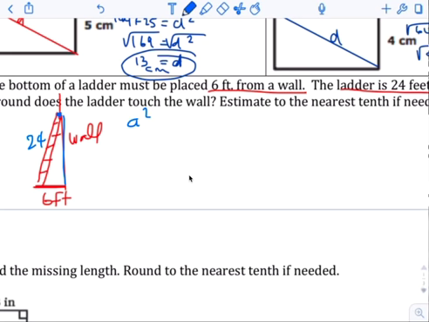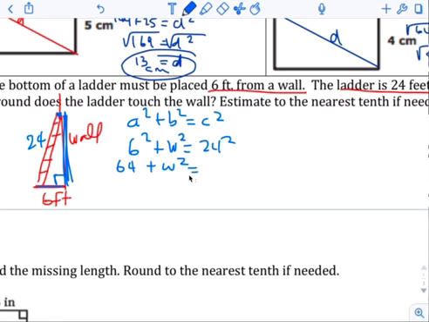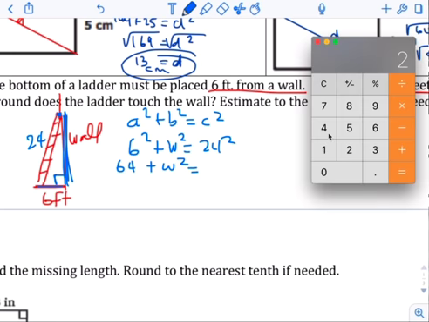So a squared plus b squared equals c squared. This is 90 degrees here. So a is 6 squared plus b squared, the wall. This is b right here, it's the wall, equals 24 squared. 64 plus, what's 24 times 24? I don't know. 24 times 24. 576.